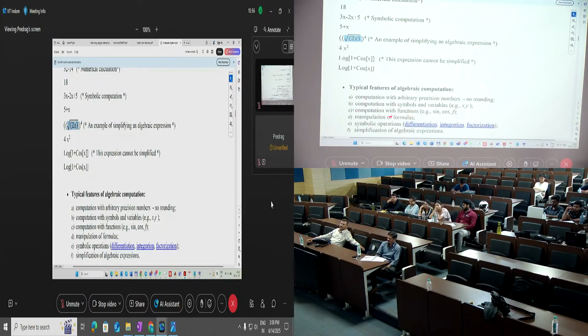Computations with functions. Standard functions, there is a number of standard functions, and also computation with user-defined functions, manipulations of formulas, symbolic differentiation, integration, factorization, and so on. Simplification is the most important tool.